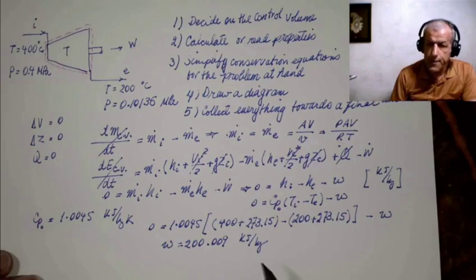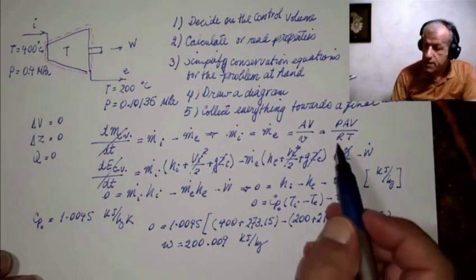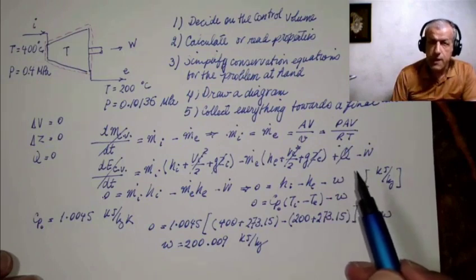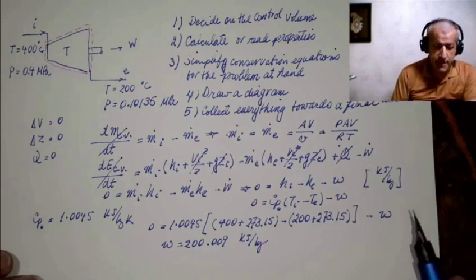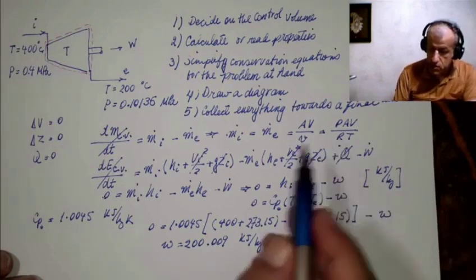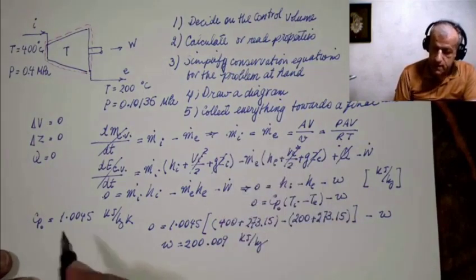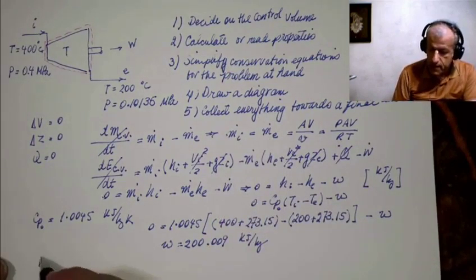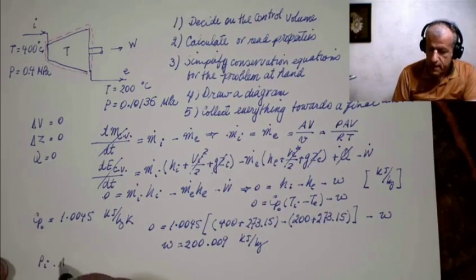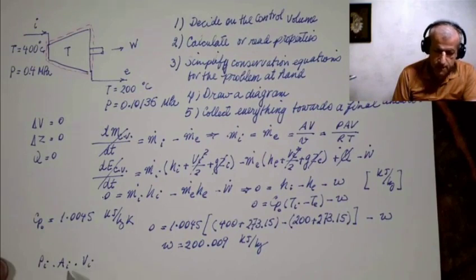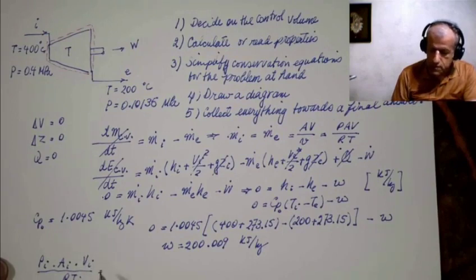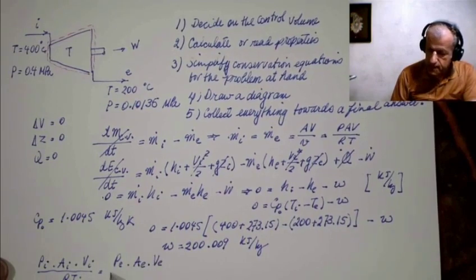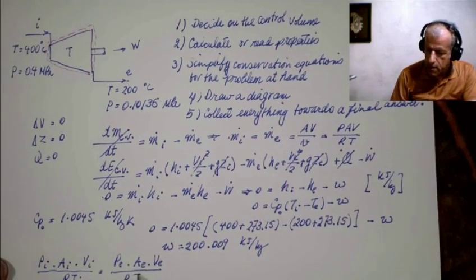And we may also use this equation to calculate a sort of ratio between inlet and exit. If we write this equation both for inlet and for exit, it will look like this: P_i times A_i times V_i divided by R T_i equals P_e times A_e times V_e divided by R T_e.